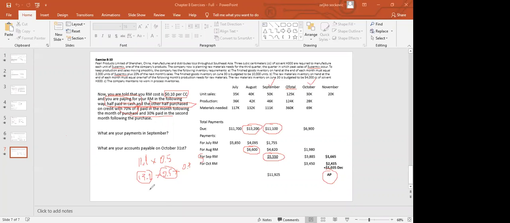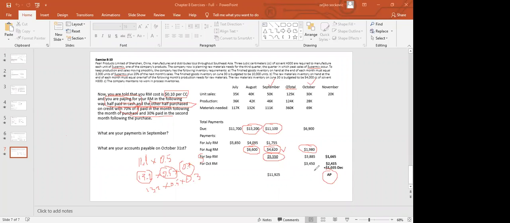And then 13.2 times 0.5 times 0.3, or simply the difference between 6,600 and whatever the 70% is. So 70% of the half would be 46,200 that will be paid in September, and then 30% of that half would be paid in October.